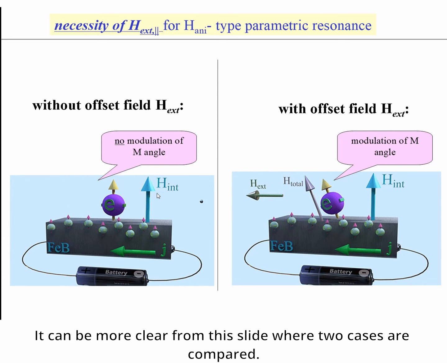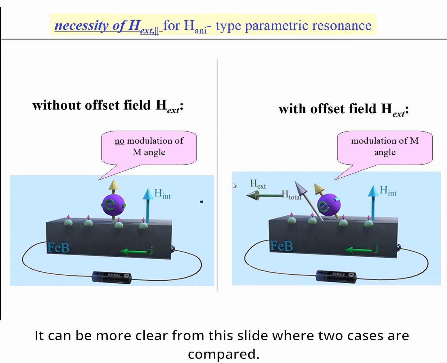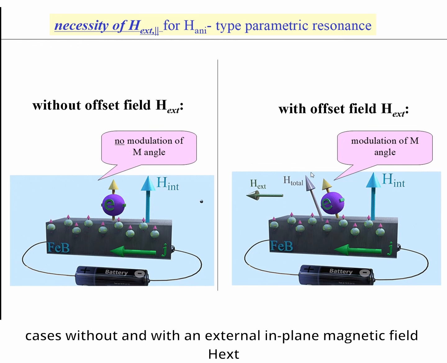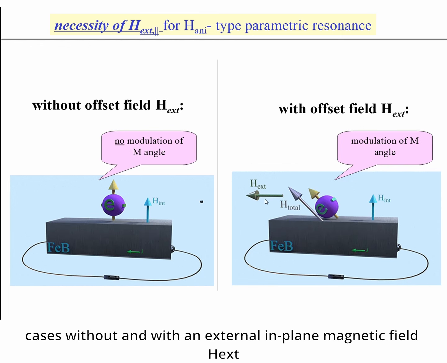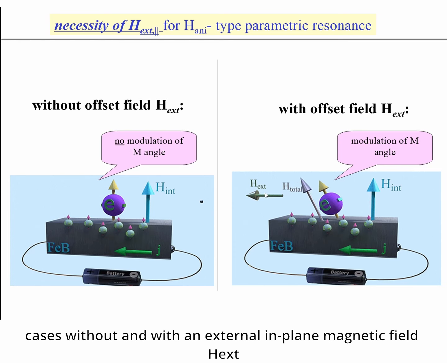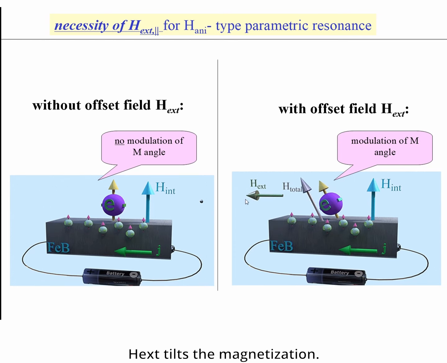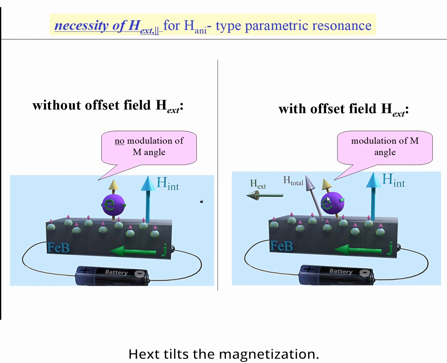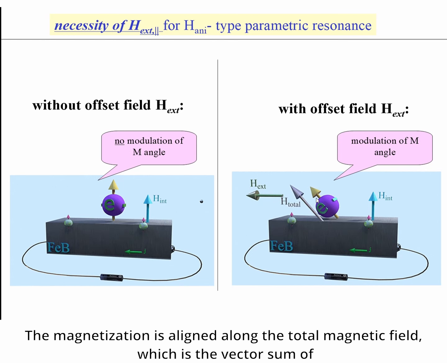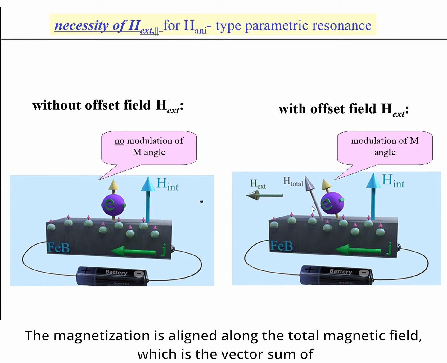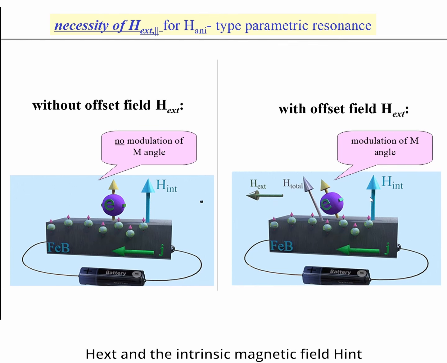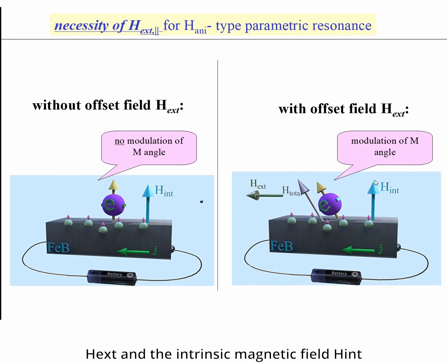It can be more clear from this slide where two cases are compared: the case without and with external magnetic field. The external magnetic field tilts the magnetization. The magnetization lies along the total magnetic field, which is a vector sum of the external magnetic field and the intrinsic magnetic field.